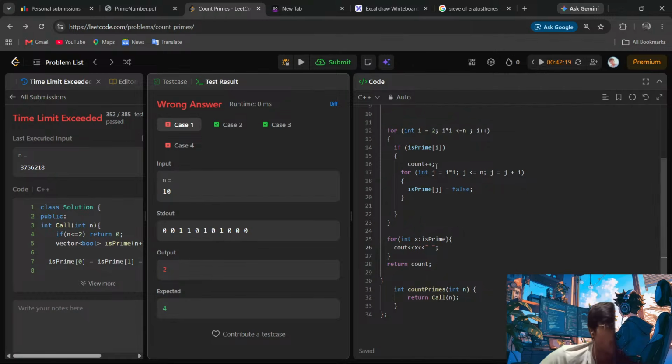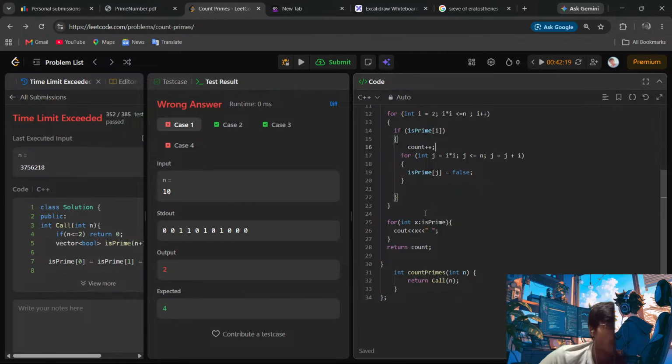But when I'm counting, I will see if this is a prime, every number, no, not for every number.